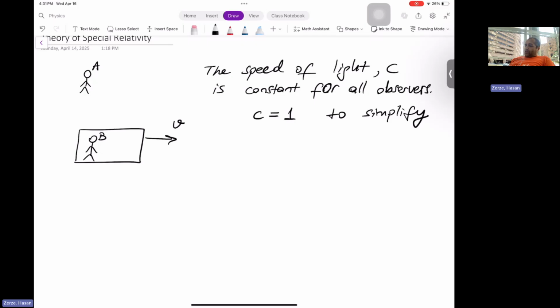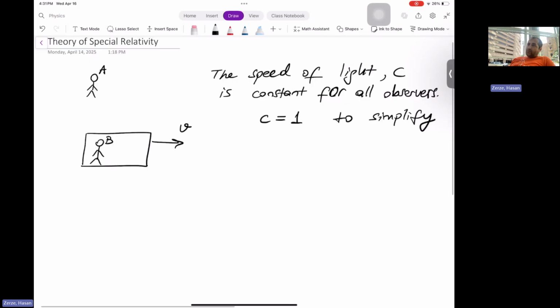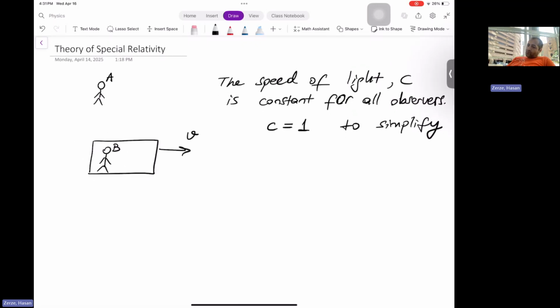And the first thing we're going to do is we're going to assume that any change in length, suppose there are 2 processes. Two events separated by a distance of delta x and a time difference of delta t.